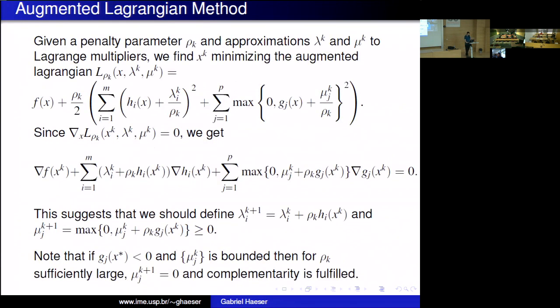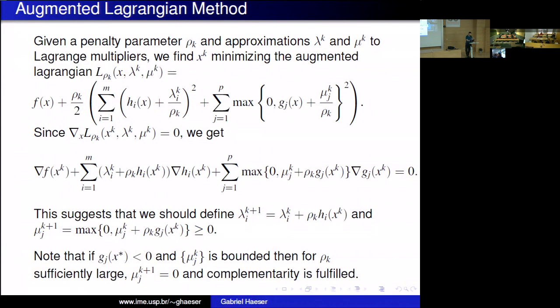So this is the idea of the method. Given a penalty parameter rho k, I should be able to find approximations lambda k and mu k to the true Lagrange multipliers at the solution. And we find here an xk, minimizing the augmented Lagrangian when I plug in here the approximations of the multipliers that I have.